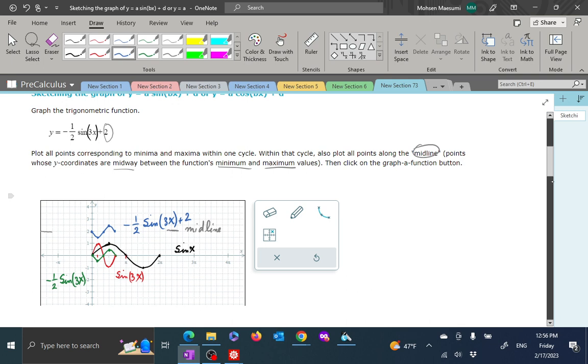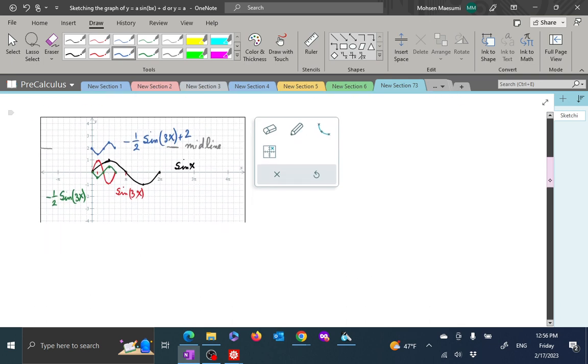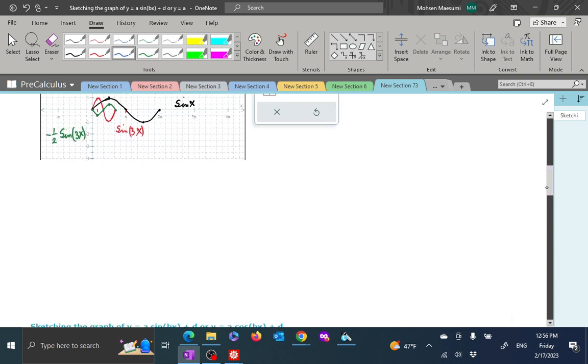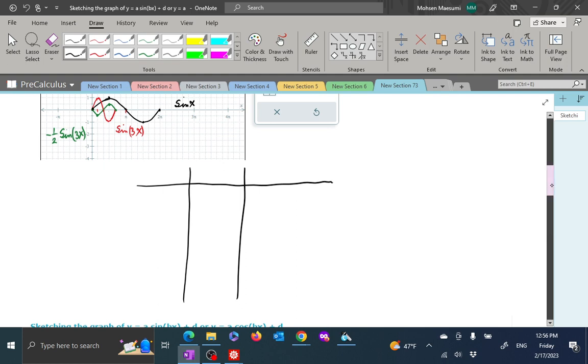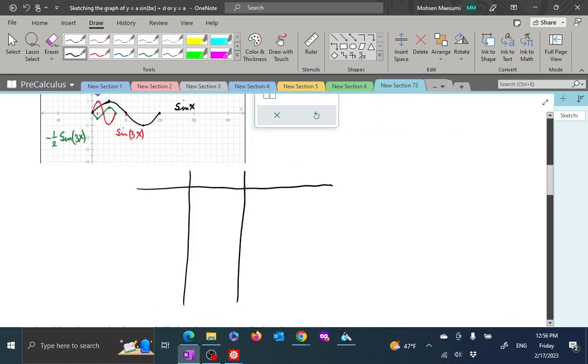Now we did this. Also, let's go ahead and do it by brute force, which is okay. These are elements of our table. So I have the input. I have 3x. Then I take sine of 3x.